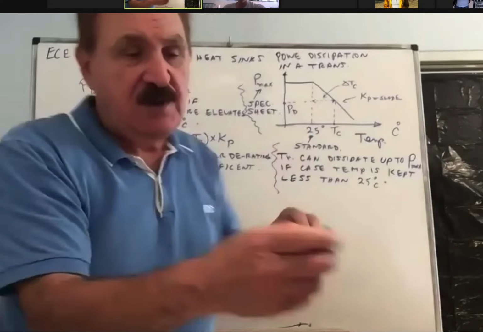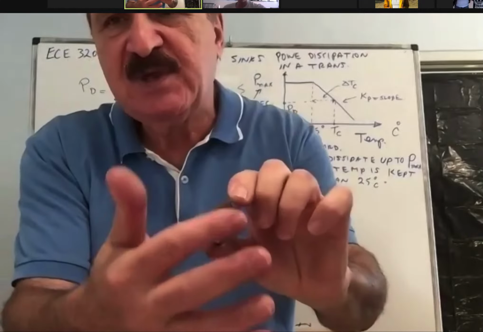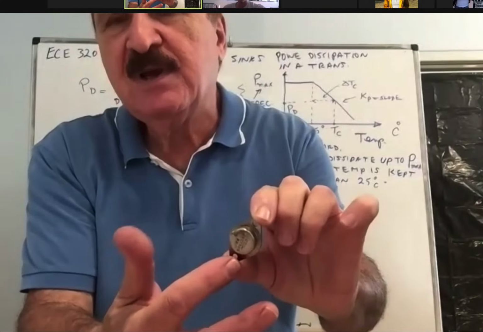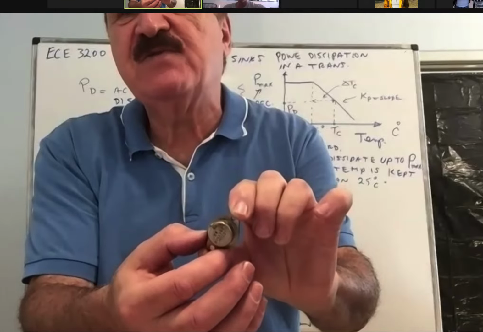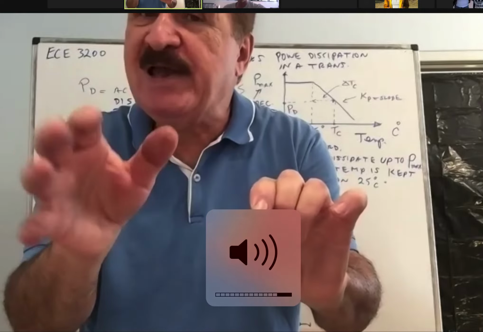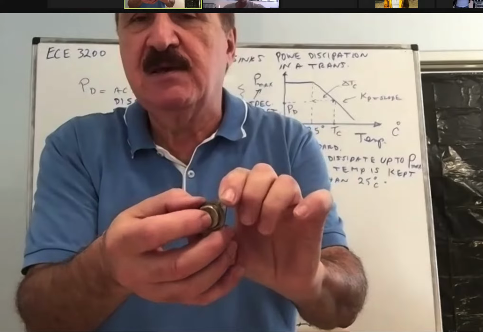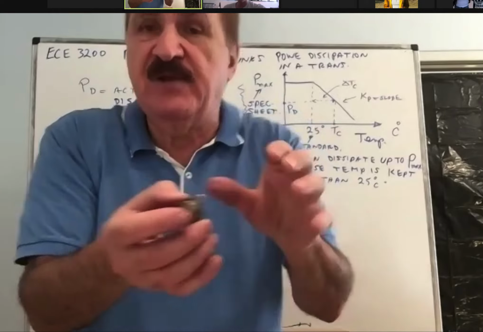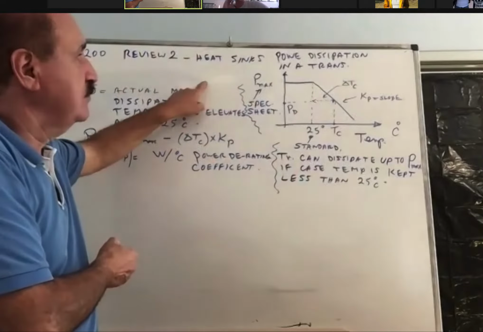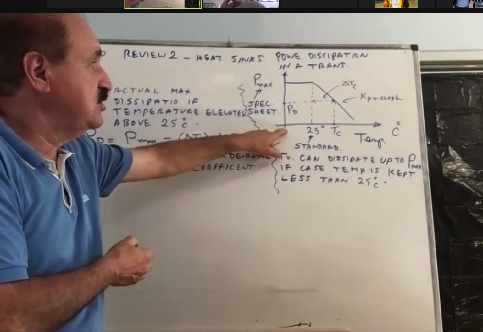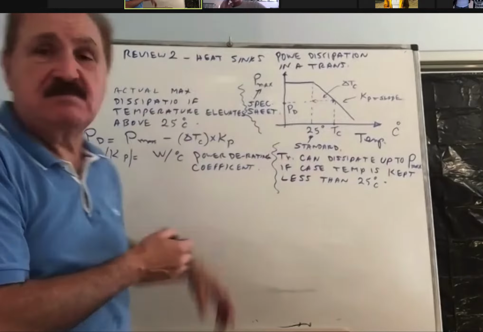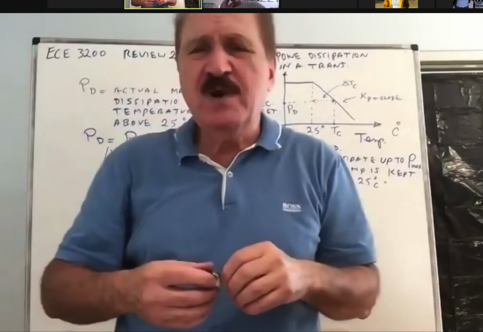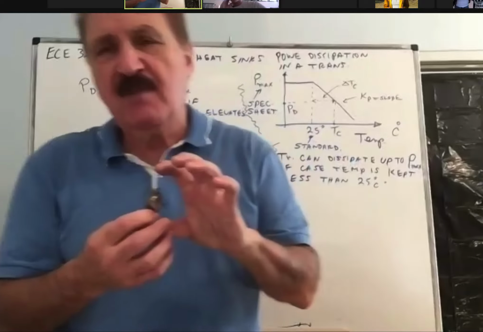Condition: you can keep the case temperature at 25 degrees Celsius while it is dissipating that maximum, say 100 watt. So if your case temperature is kept at 0, fine, it will function with 100% reliability.